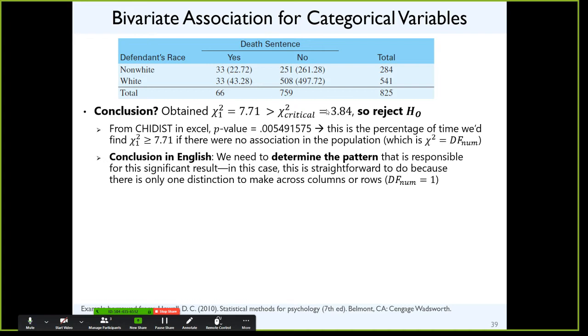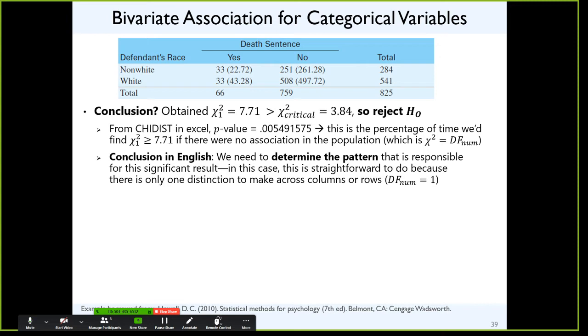If we feed this into software that gives us p-values, we would see a chi-square this big, 7.71, 0.5% of the time if there were no association in the population. So it is really unlikely that we would see this degree of discrepancy between what was observed and expected if there was no pattern of association here.